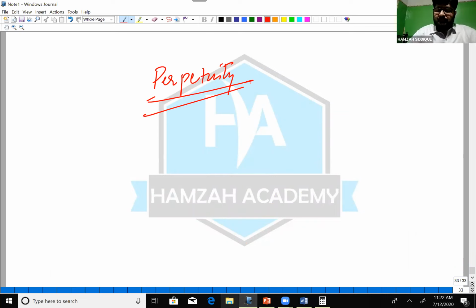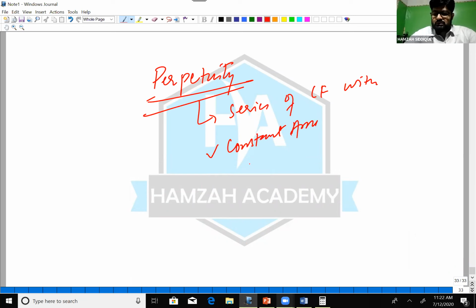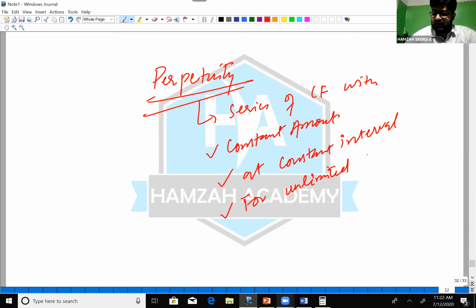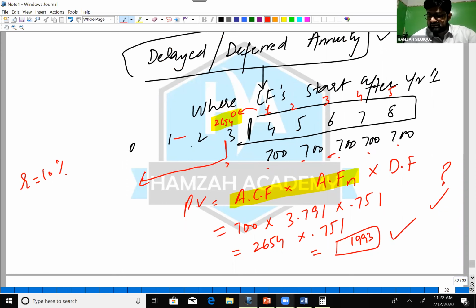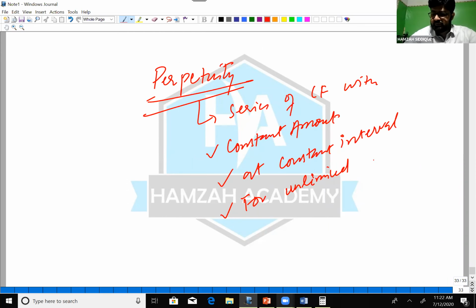Perpetuity is also a series of cash flows, number 1, of a constant amount, number 2, at constant intervals, for an unlimited period of time. Unlimited, indefinite, for the foreseeable future.